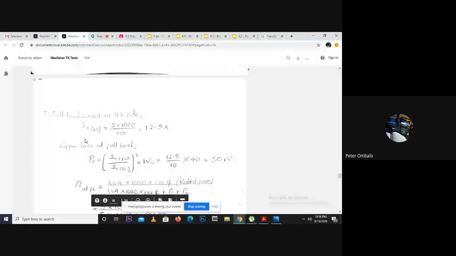remember this is the formula for getting the power, the copper loss, the power lost due to copper losses. It's this fraction times what is read by the wattmeter. So now we have to obtain the current at full load.